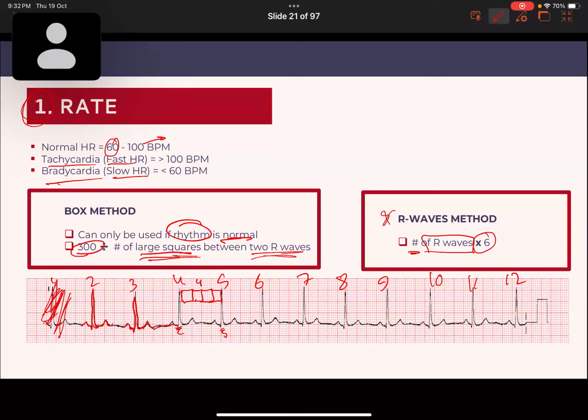And if we divide 300 by 4, how much is that going to be? 300 divided by 4 is 75. So that's very close to the R waves method that we just did. Again, I want to emphasize, if this was not a normal rhythm, you cannot use this box method. Next step. So we're done with rate. Does anyone have any questions about that?